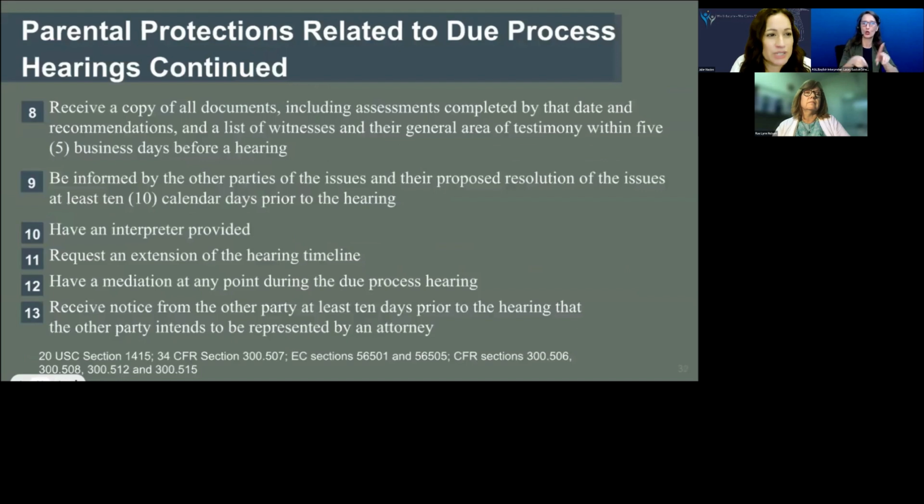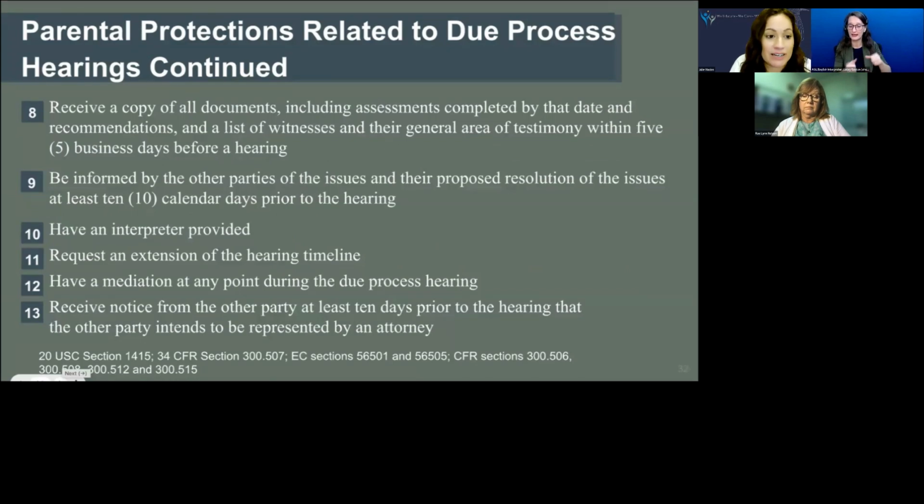Some additional protections related to due process hearings. Receive a copy of all documents, including assessments completed by that date and recommendations, and a list of witnesses and their general area of testimony within 5 business days before the hearing. Be informed by the other parties of the issues and their proposed resolution of the issues at least 10 calendar days prior to the hearing.